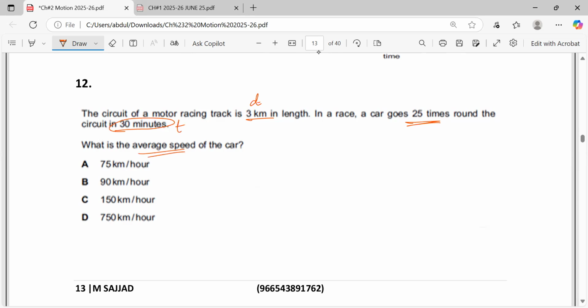Waiting for your response. And I can give you a favor. That's the formula for average speed. That is the total distance traveled over time taken. And remember, all the answers are in kilometers per hour. What is the correct answer?